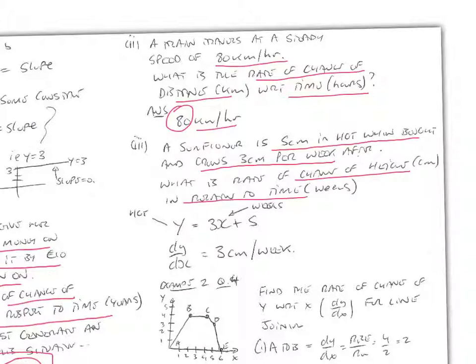Well, the height y starts off at a height of 5 and grows 3 per week, per x. So if that's our equation in the form y = ax + b, then dy/dx is simply equal to the a value, which is 3. The rate of change is 3 centimeters per week.